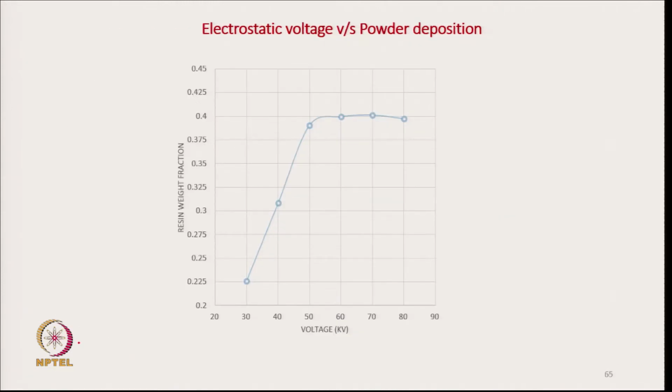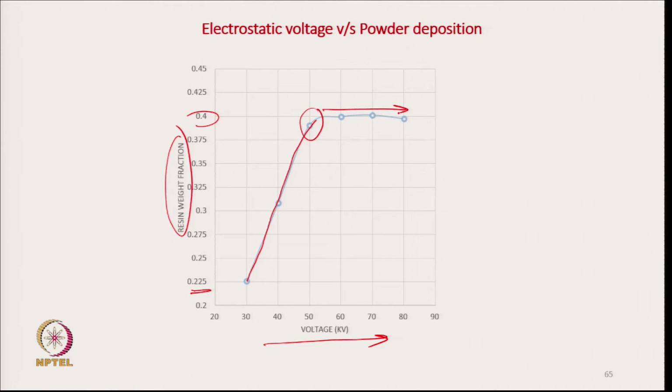Now, the first experiment was done with the corona voltage changed, and what we observed is that with the increase in voltage, initially there is a very sharp increase in the resin weight fraction from say 0.225 to 0.4, and after reaching 50 kilovolt, it is almost stabilized.